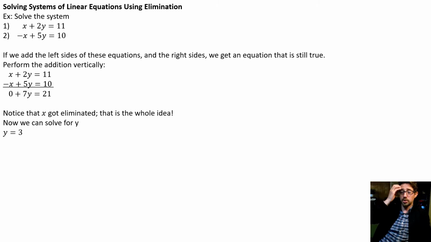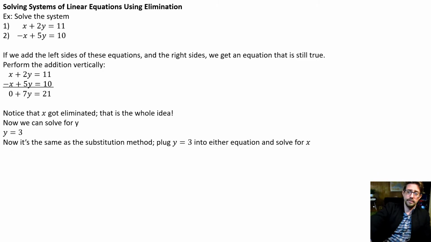Okay, y equals 3. And then once you get one of them, we're right back where we were before. You can just plug y equals 3 into either of the equations and figure out what x is. Once you do that big move, you're just right back where you were before. So whichever equation we feel like using, I used the first, so y is 3, so x plus 3 times 3 equals 11, which means x is 5.